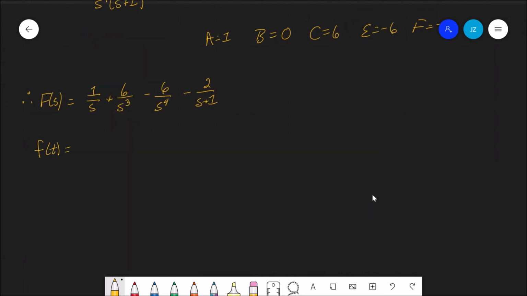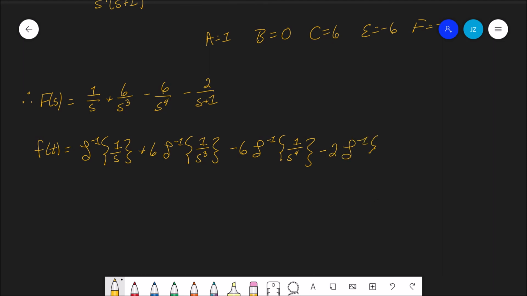So f of t is the inverse transform of 1 over s plus 6 times the inverse transform of 1 over s cubed minus 6 times the inverse transform of 1 over s to the 4th minus 2 times the inverse transform of 1 over s plus 1. So f of t is 1 plus 3t squared minus t cubed minus 2e to the minus t.